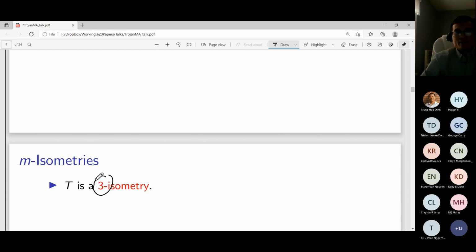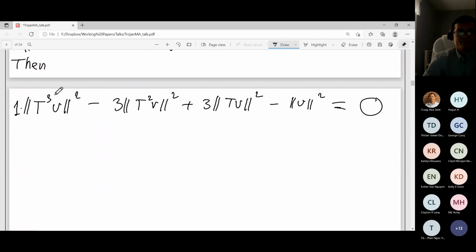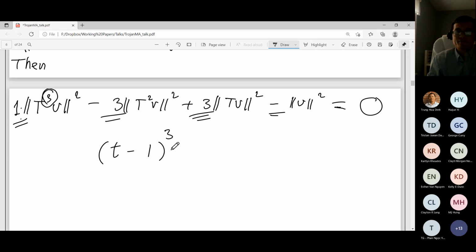The reason for the 3-isometry is that we have this power 3 here, and we use all the powers, power 3, power 2, power 1, and then power 0 for T. And the coefficients come from the binomial expansion for T minus 1 cubed. And those coefficients come from the expansion of this.